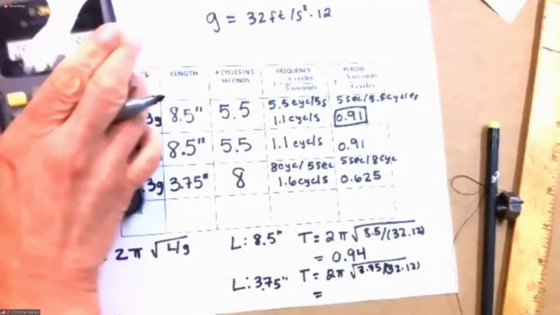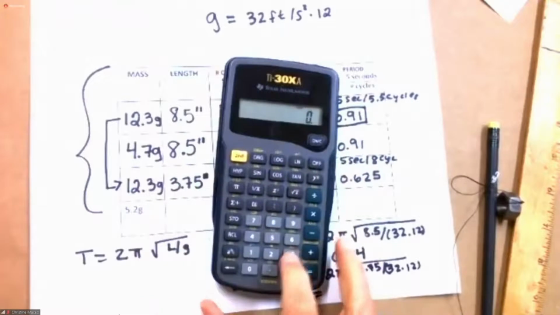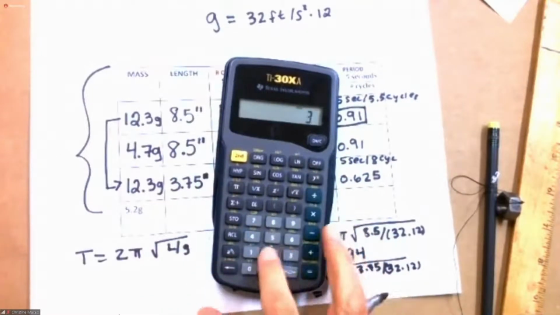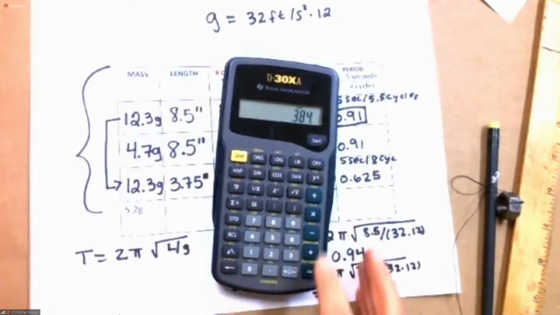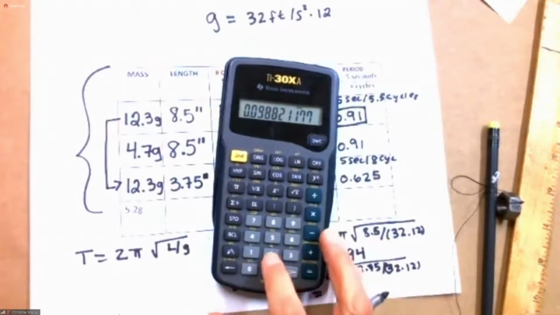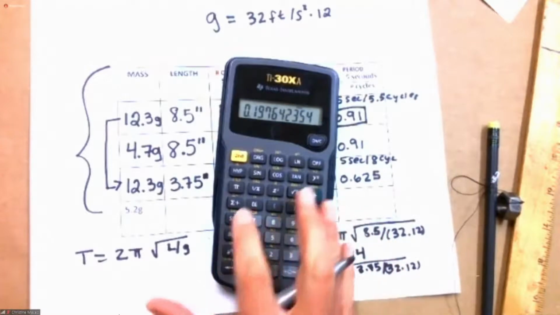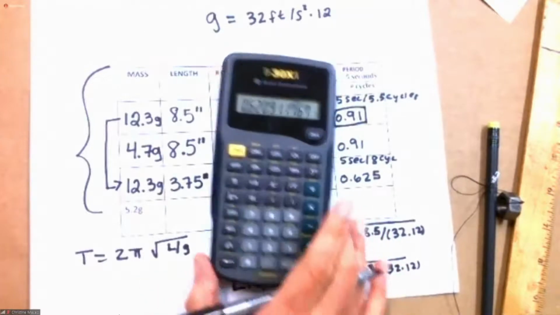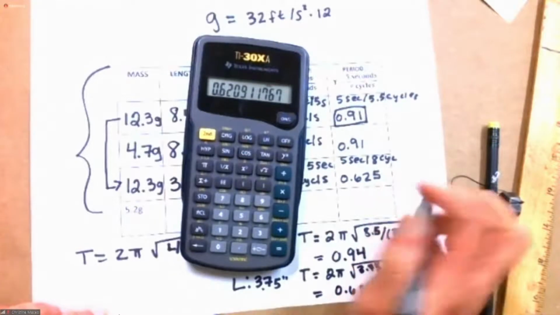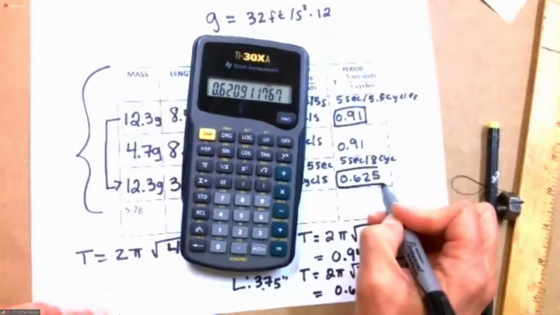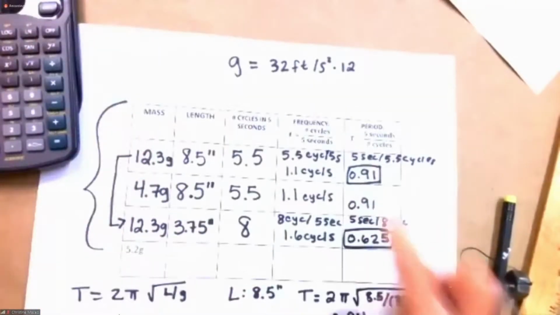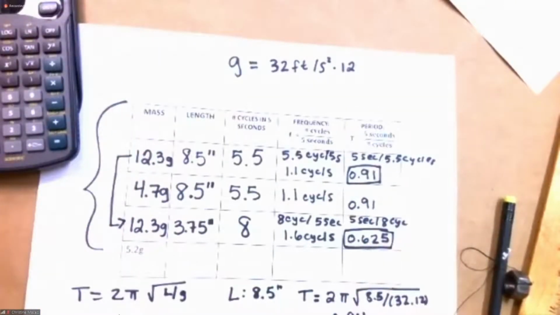Get our calculator out: 3.75 divided by 32 times 12, take the square root of that, multiply it by 2 and multiply it by pi. And we get 0.62. This is what we got by measuring, 0.625. So very close to theoretical.